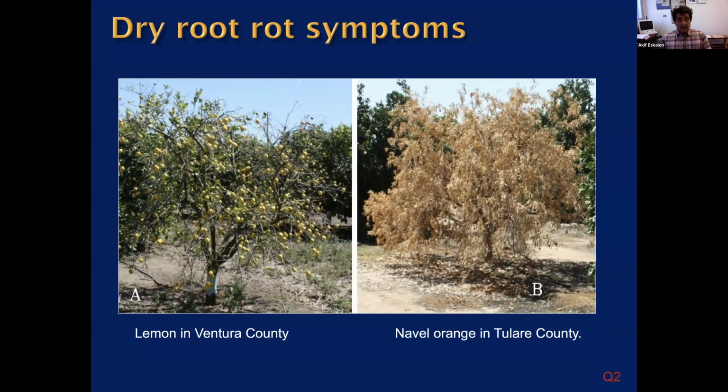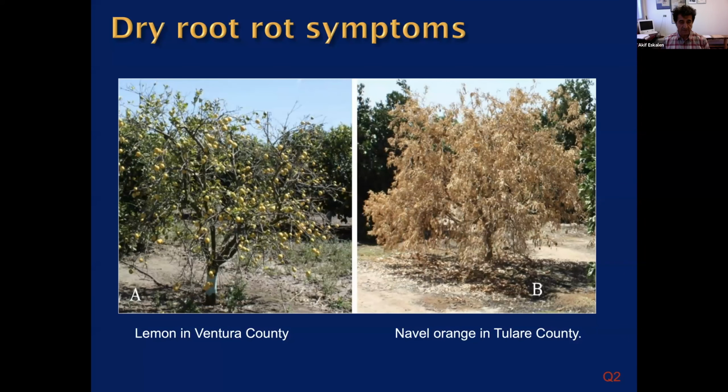So, as I mentioned, this disease is not limited to only one cultivar or variety. It could occur on lemon, depending on where you are. It could also occur on the navel orange. We have seen it sometimes on mandarin, but it's not that common on mandarin. Most often we have seen it on lemon and navel orange.